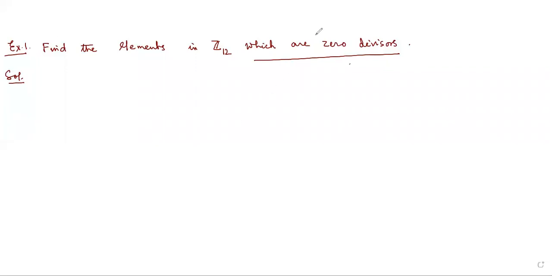Although I am doing these broad questions, and I know these broad questions are not coming in the way I am doing it in the classroom, if you think cleverly, each question I am writing right now, for example, find the elements in Z12 which are zero divisors, can also be set as an MCQ by putting several options.